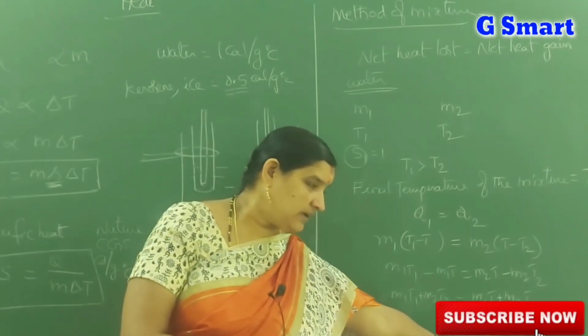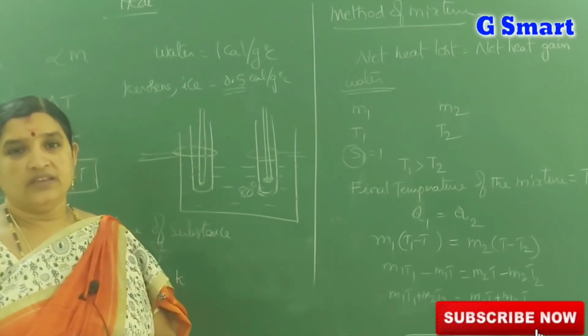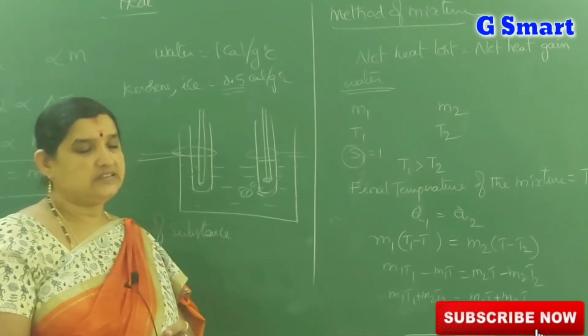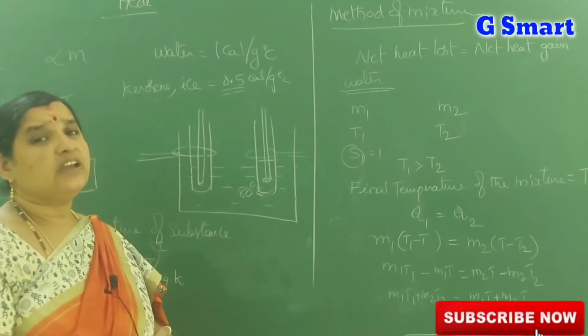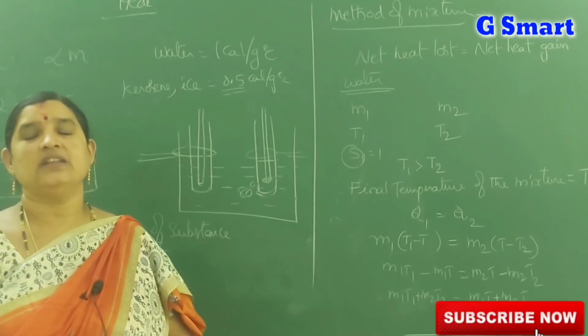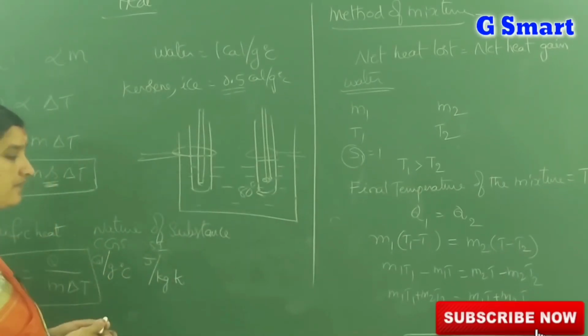To attain the final temperature T, the formula is M1 T1 plus M2 T2 by M1 plus M2. This is called the method of mixtures. By using the method of mixtures, we can find the final temperature, that means the thermal equilibrium temperature of the system.